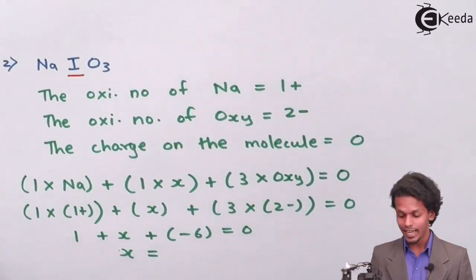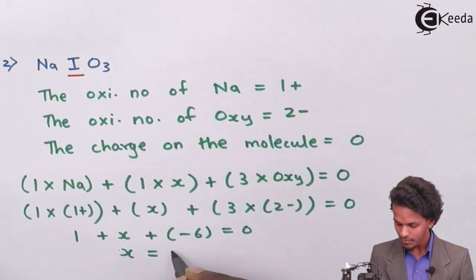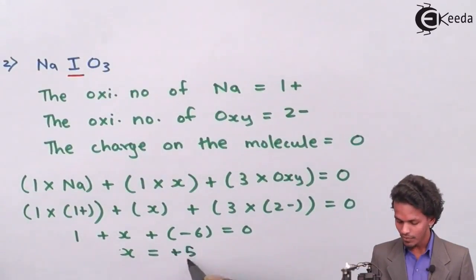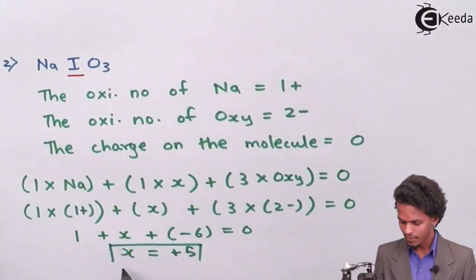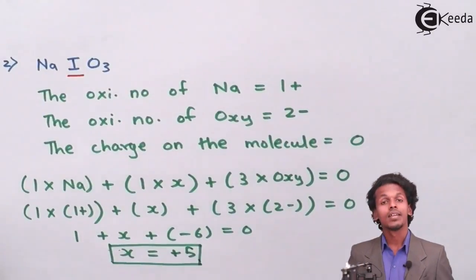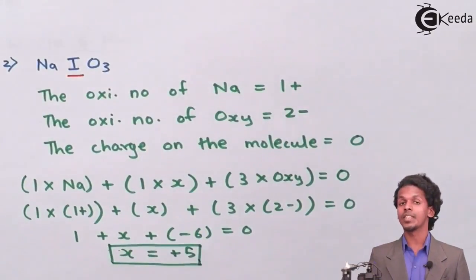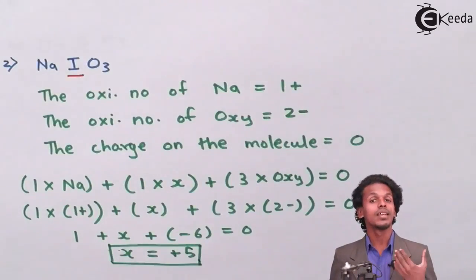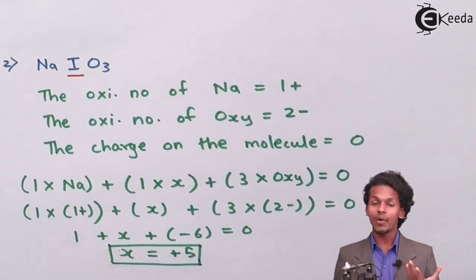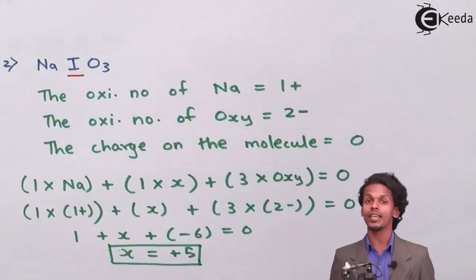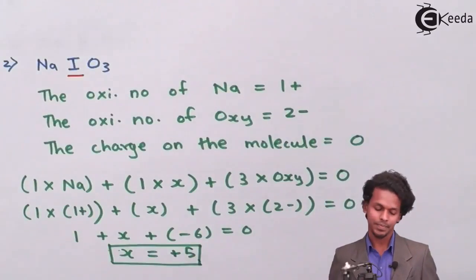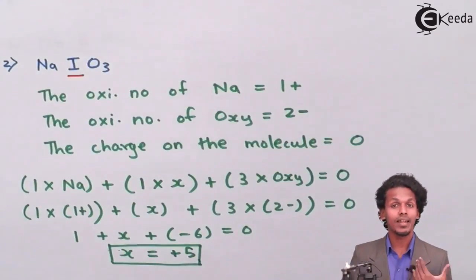So ultimately we'll get an answer as plus 5. But the oxidation number is represented by 5 plus, so therefore the oxidation number of the iodine atom in this molecule will be 5 plus.